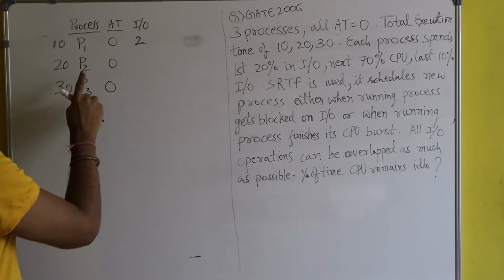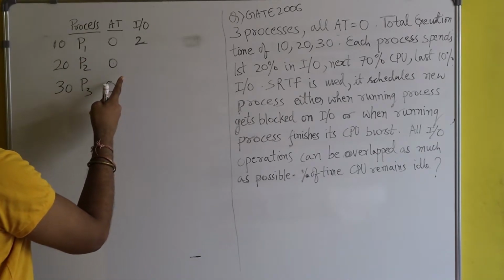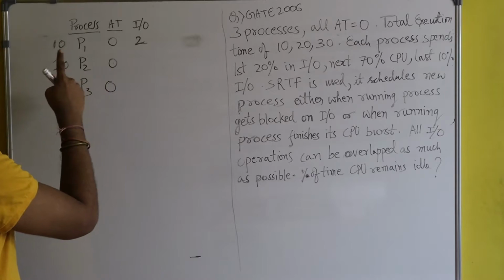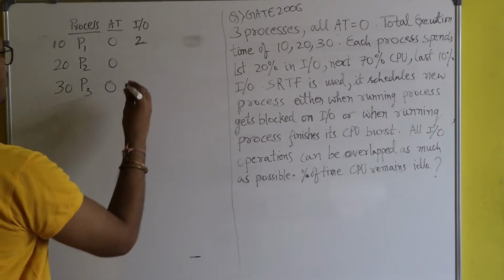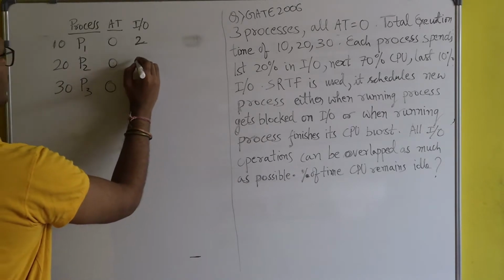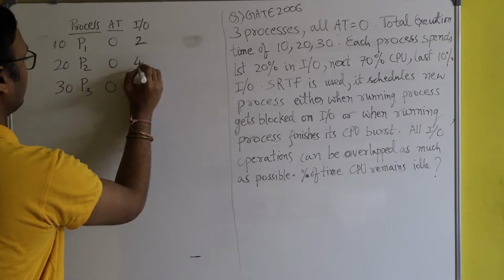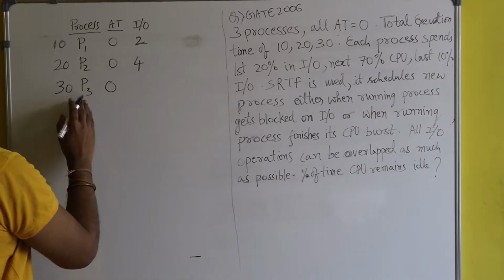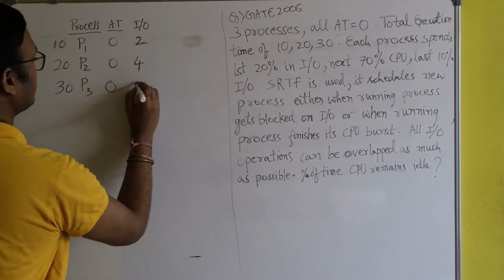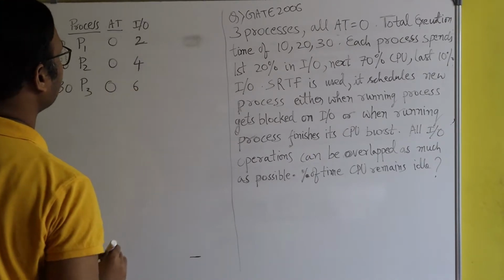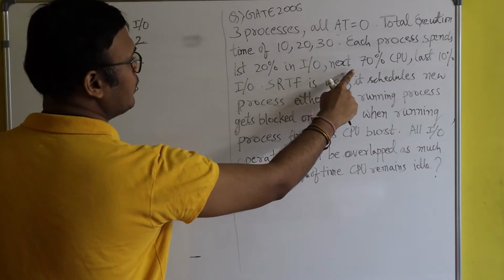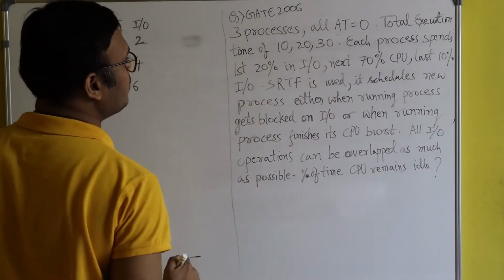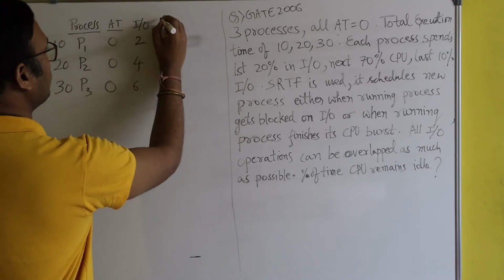Same for P2. P2 will spend the first 20% of its execution time in I/O. What's 20% of 20? It's 4. And same for P3. What is 20% of 30? 6. Now after that, the process will execute on the CPU. The next 70% of time will be spent on the CPU.